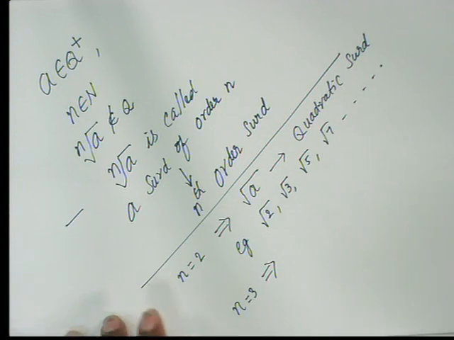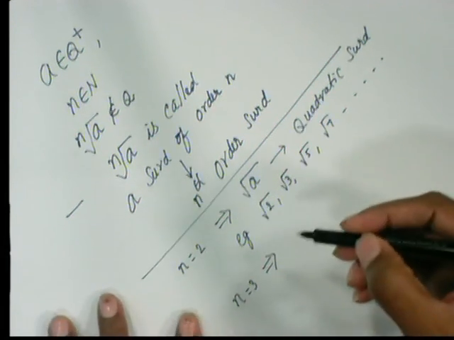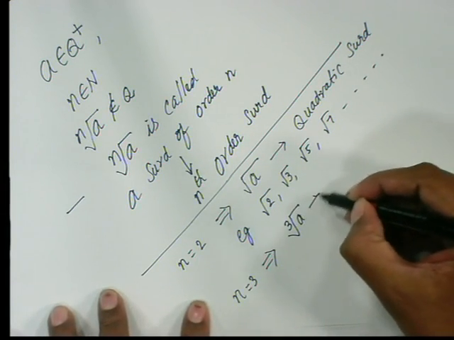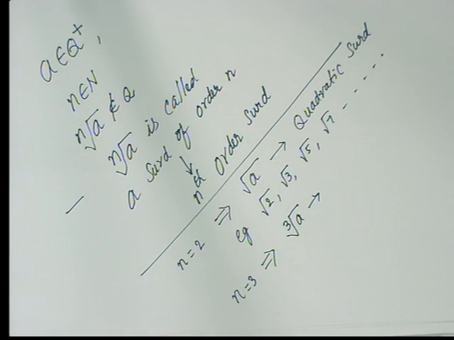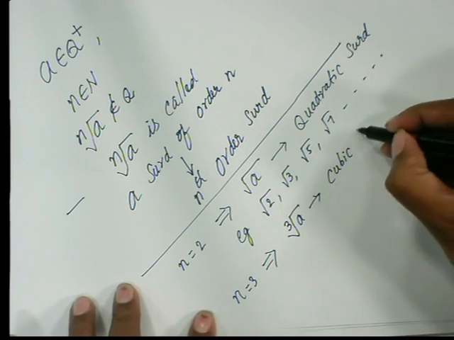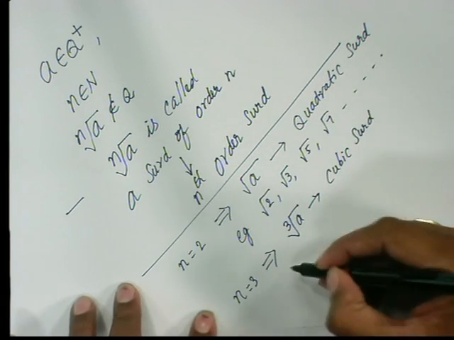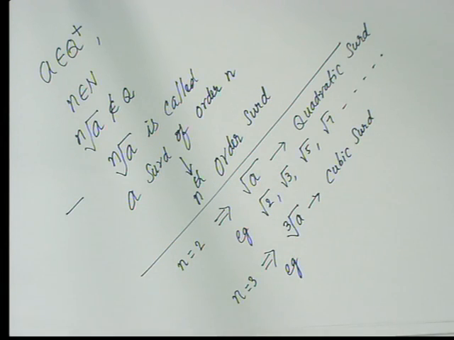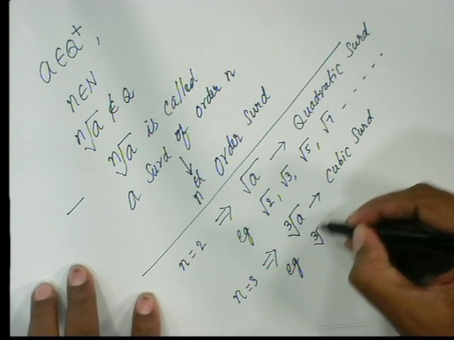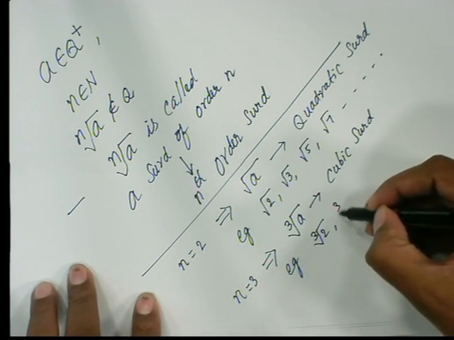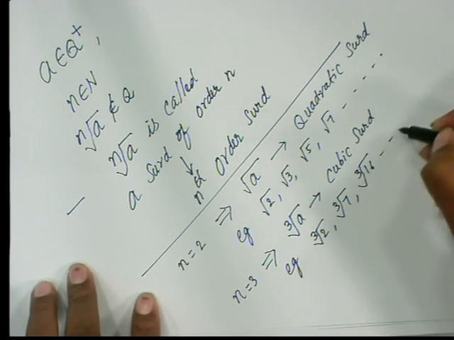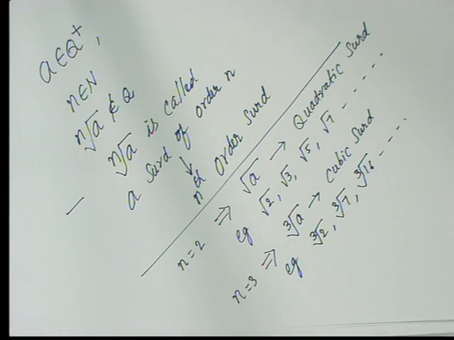That is cubed root A. This cubed root A is known as a cubic SURD. Examples of cubic SURDs: cubed root of 2, cubed root of 7, cubed root of 16 and so on.